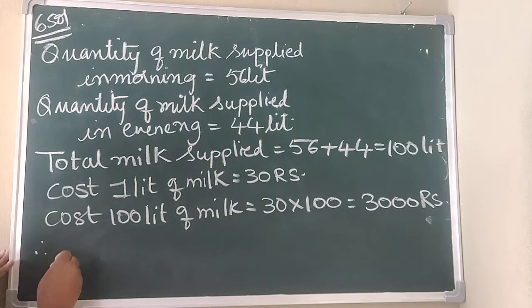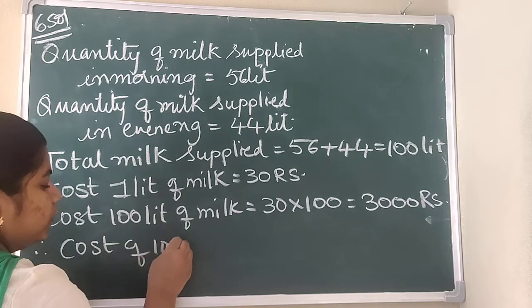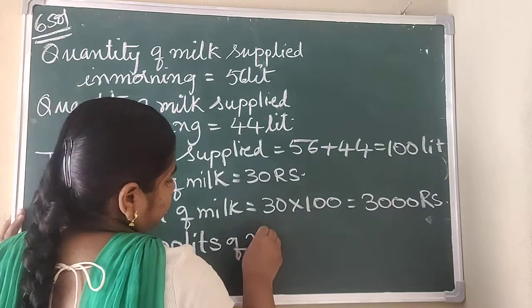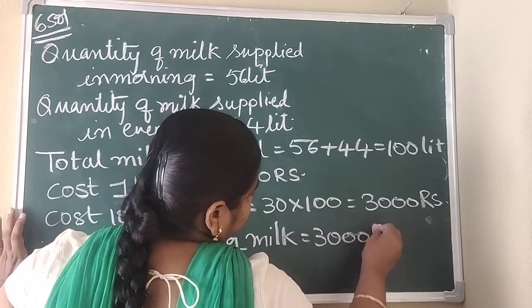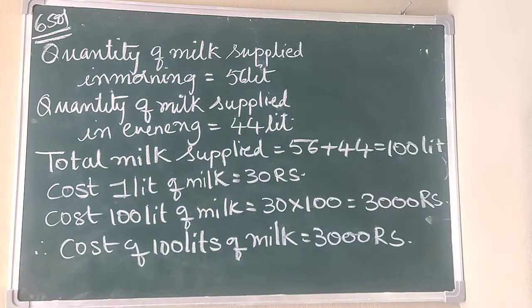Okay, so therefore the cost of 100 liters of milk is equal to 3000 rupees. So this is our sixth solution.